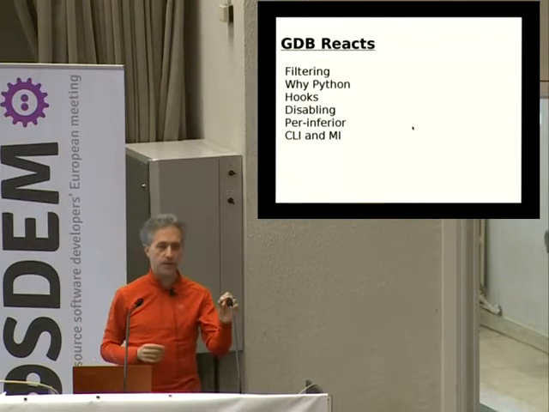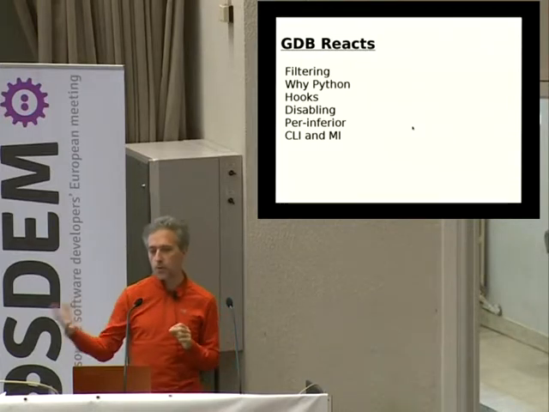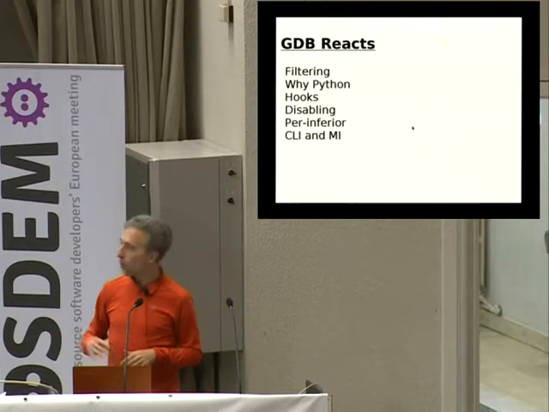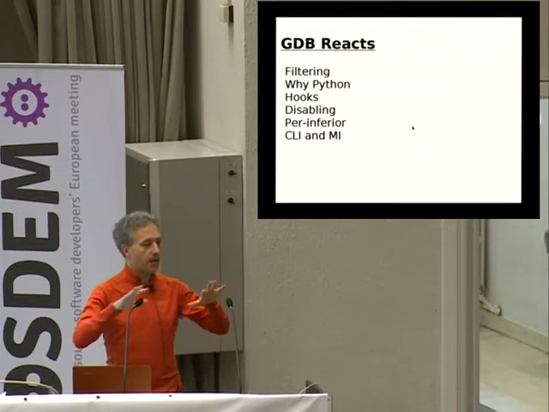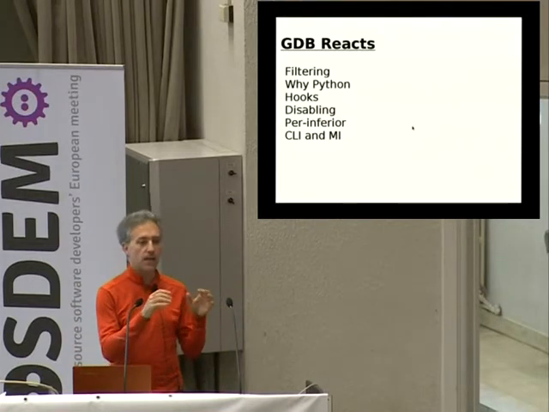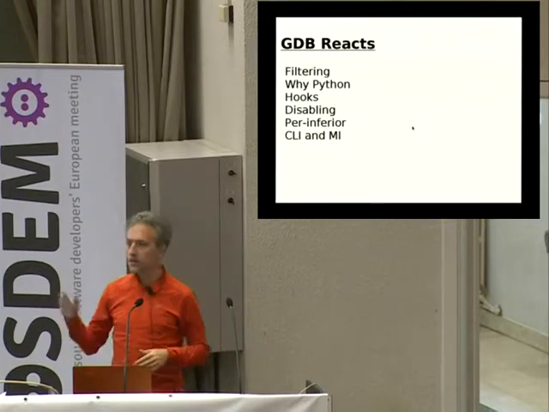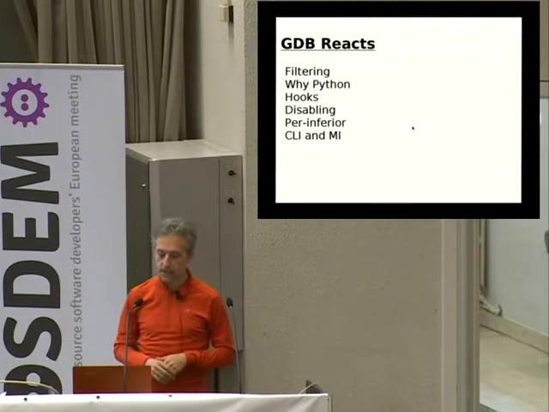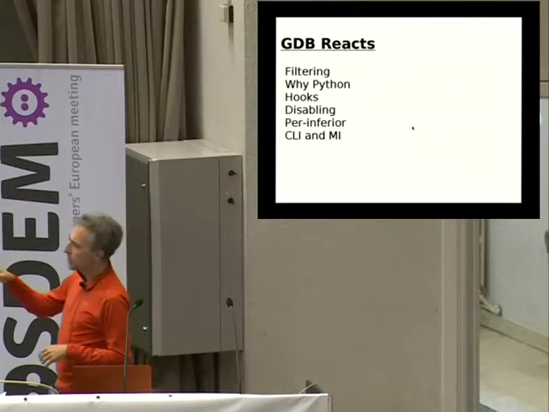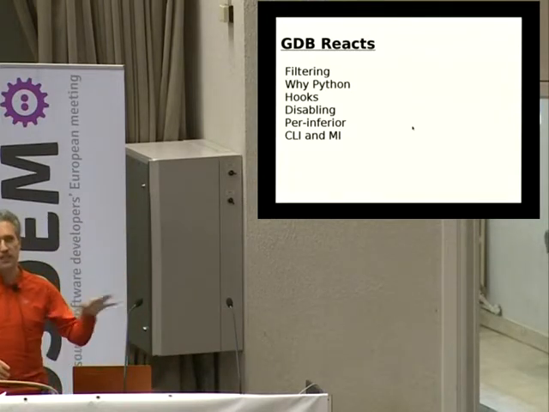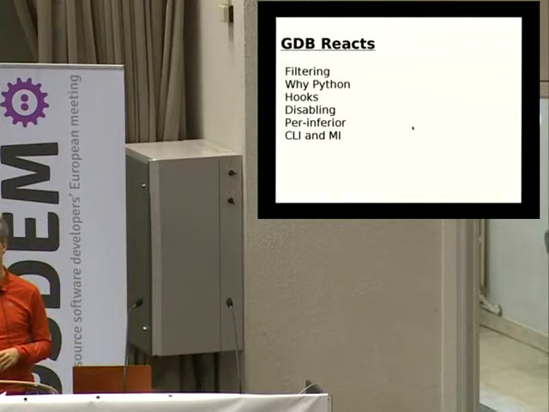If a pretty printer isn't written exactly perfectly, it just won't apply in your other program. Or if you're debugging multiple programs that use different versions of a library and require different versions of printers, that works in this design.